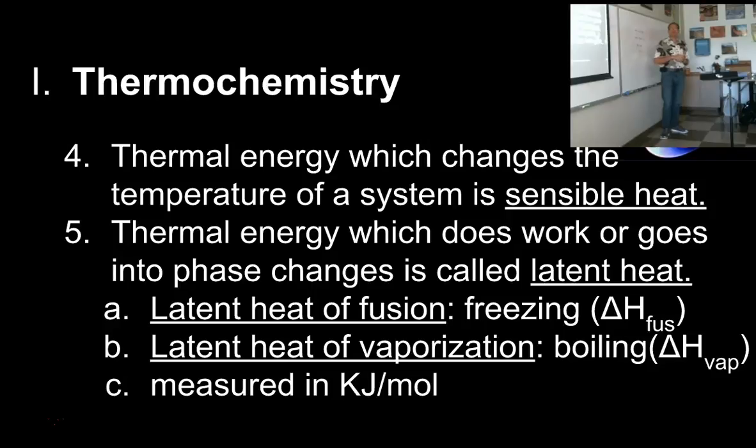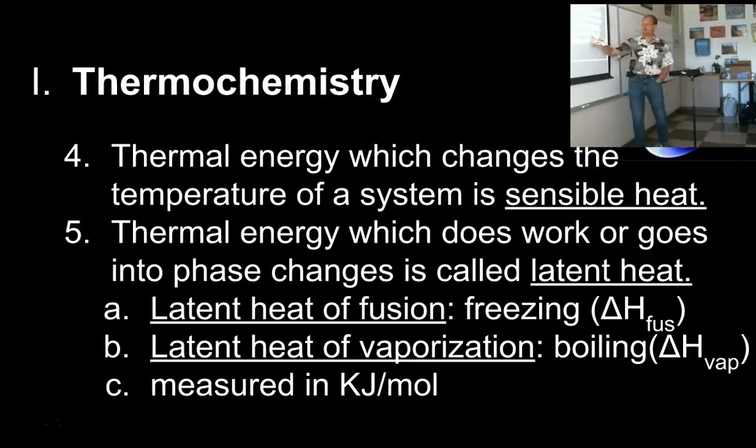So there is a latent heat of fusion, and there is a latent heat of vaporization. Latent heat of fusion has to do with melting and freezing. So if you were to measure the amount of heat that it takes to melt an ice cube from 0-degree ice to 0-degree water, you would have measured the latent heat of fusion for water.